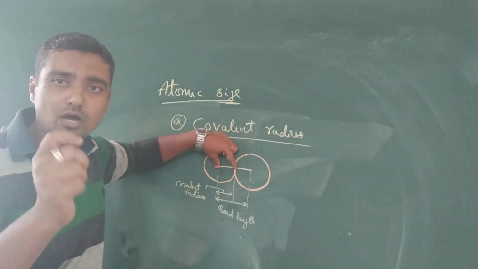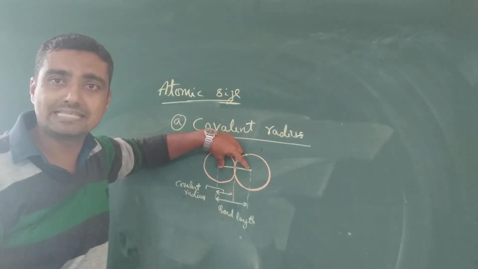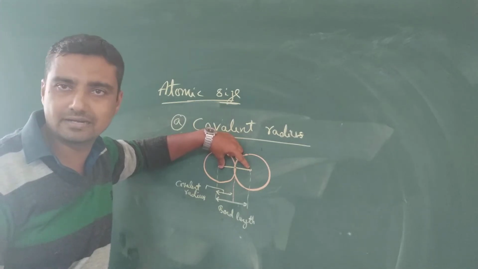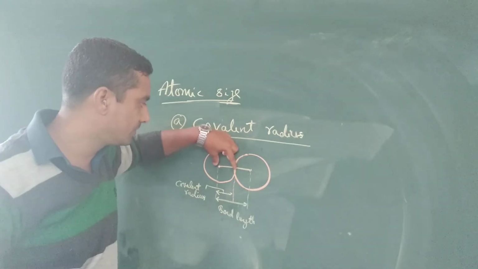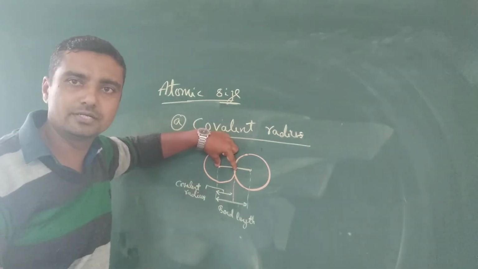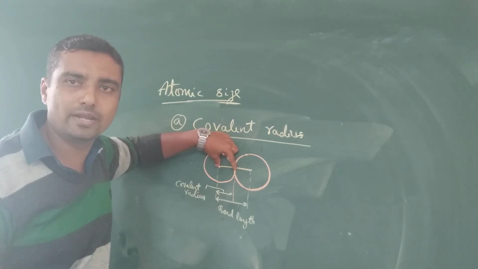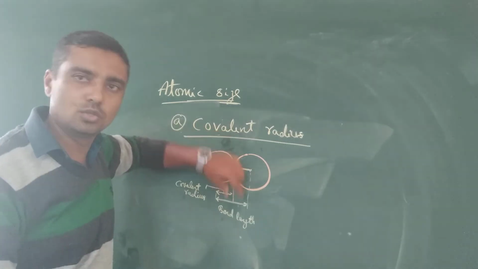One half of the distance between the two nuclei of the same element in a molecule is called the covalent radius. What do you mean by covalent radius? One half of the distance between two nuclei of covalently bonded atoms in a molecule is called the covalent radius.